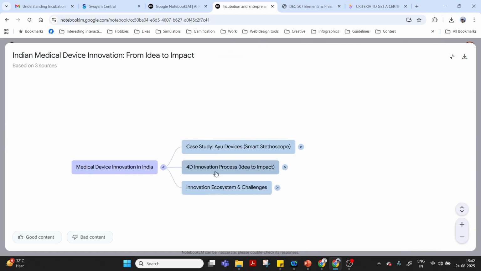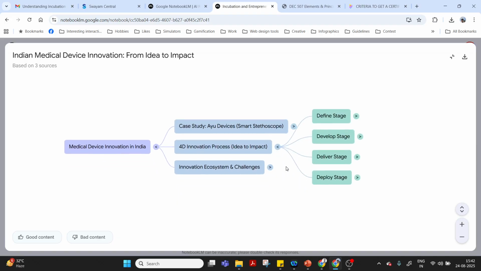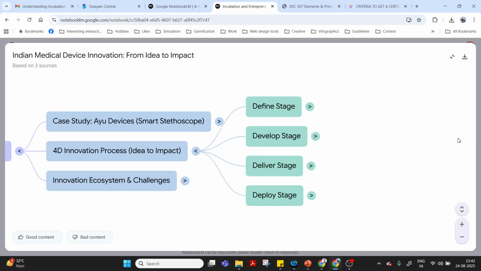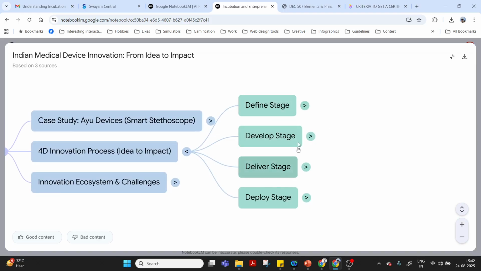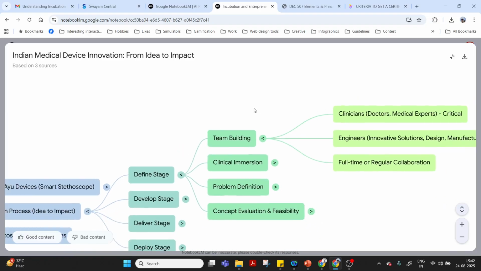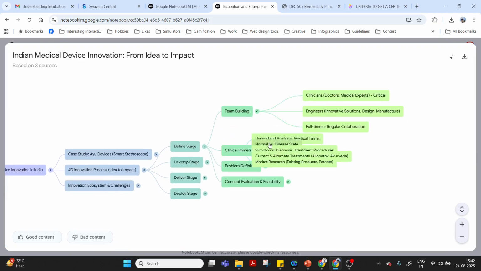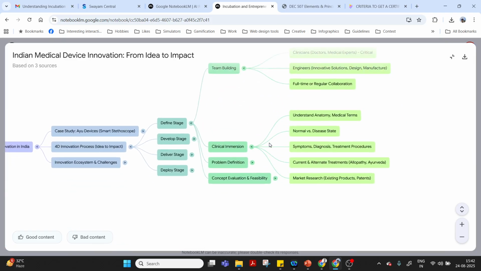You can collapse this, and then comes the 4D innovation process, right? It's a four-step process, starting with define, develop, deliver, and deploy. Define is about team building, clinical immersion, problem definition, and concept evaluation. You can see how a team from different diversity is built, collated, and formed.